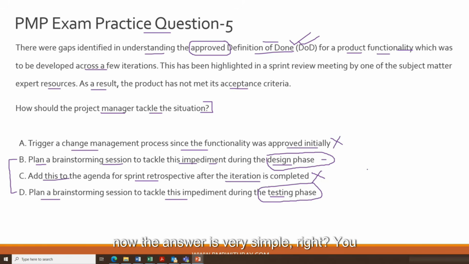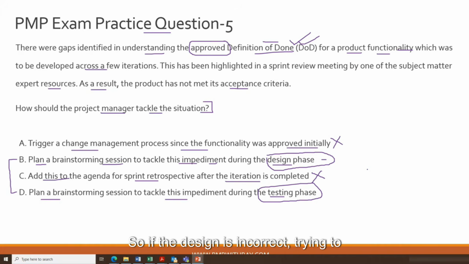Okay, now the answer is very simple, right? You have to have the capacity to tackle these kinds of problems early in your project so that you can be more proactive and you don't end up spending more money and resources during the testing phase of the project, where there could be a lot of rework generated if you try to address something which has been built wrong.